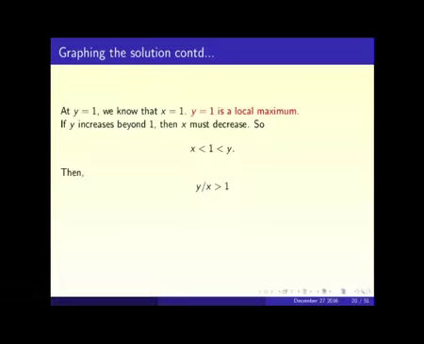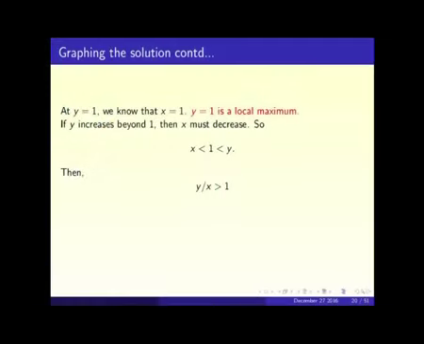So, 1 is a maximum value. When you go beyond the maximum value, the value of x has decreased. If the value of x has decreased, that means x is going to be less than 1 and y is going to be bigger than 1. So, what is log of y by x? y by x is bigger than 1, so log of y by x is positive.